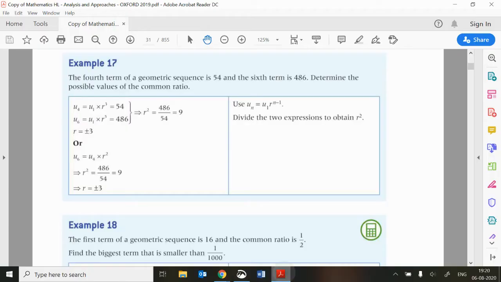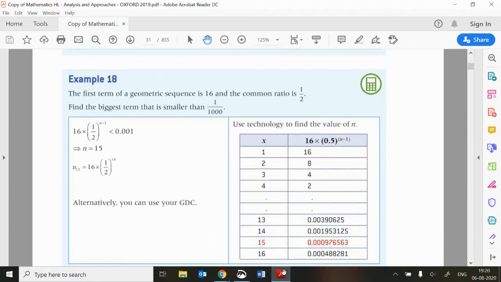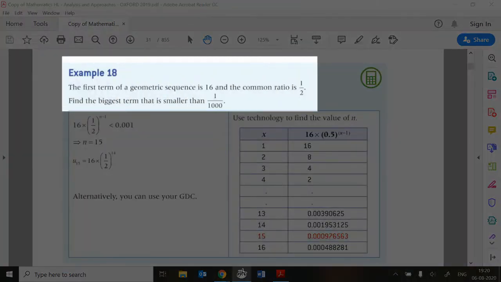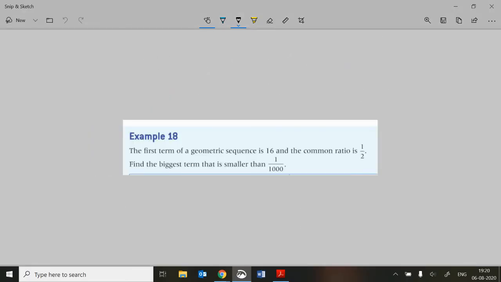Okay, right, next one. Look, 18. We might need to use technology for this one. First term of a geometric sequence is 16, and the common ratio is a half. So we've got 16 times 0.5 to the power n minus 1, and we've got 1,000. Just flick it into decimals, and we want to know when this is bigger for the first time.